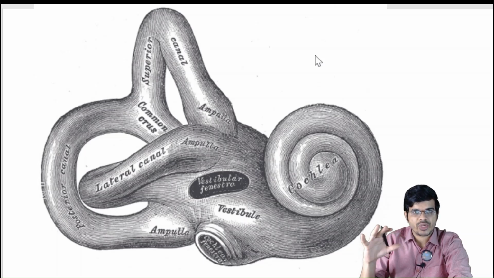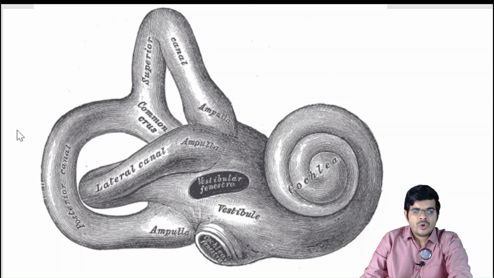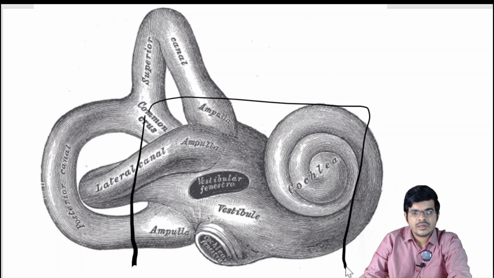This is the bony canal that you will be able to see. You won't be able to see the membranous part. Where will you see it like this? If you have the middle ear here, the middle ear will look kind of like this.